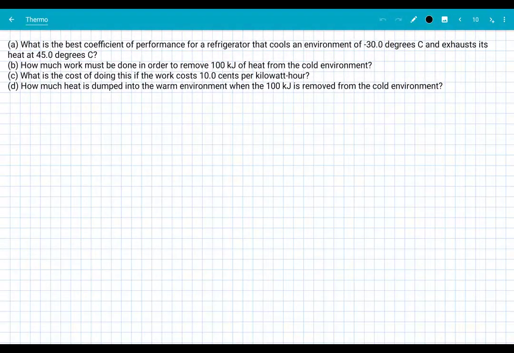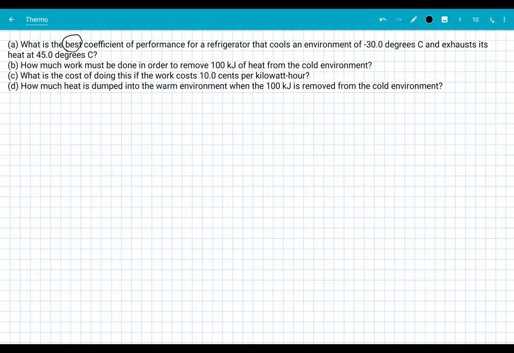The first question asks us, what's the best coefficient of performance for a refrigerator that cools an environment of negative 30 degrees C and exhausts its heat at 45 degrees C? What clues me in here is this word, best. When you start seeing something like maximum or theoretical maximum, that's when you should start thinking about Carnot.